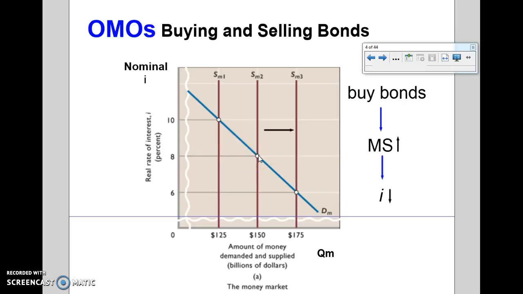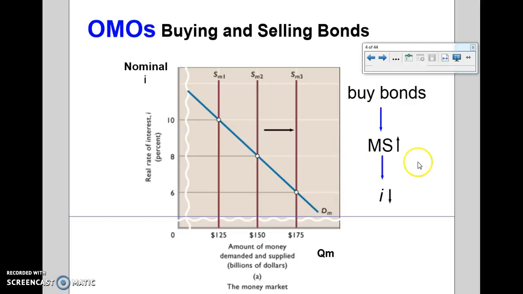If the Fed wants to have an expansionary fiscal policy, if they want to have a positive impact on the economy, they might say we're going to increase our money supply by $25 billion. And what that would do on our demand curve is push the interest rate down to 6%.